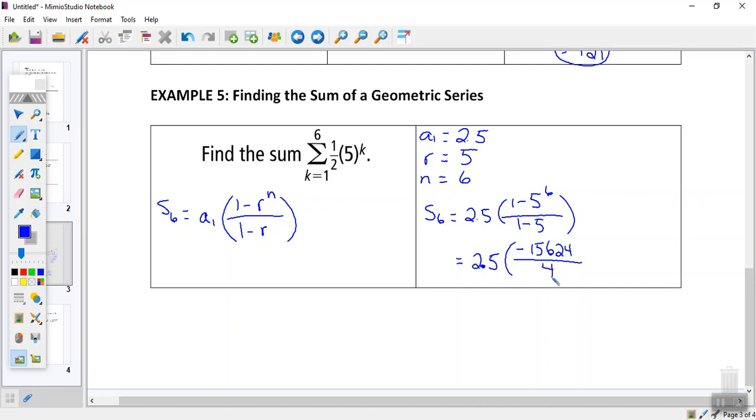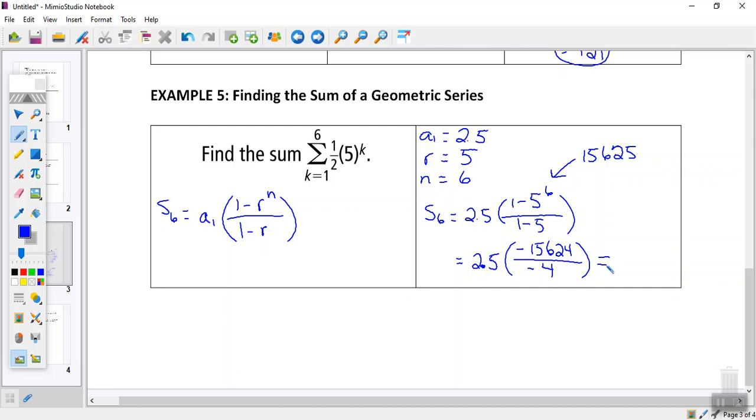Negative 1. Okay, so in this case right here, 5 to the 6th power, friends, what was that? 15,625? Okay, so punch those numbers: negative 15,624 divided by negative 4 times 2.5.